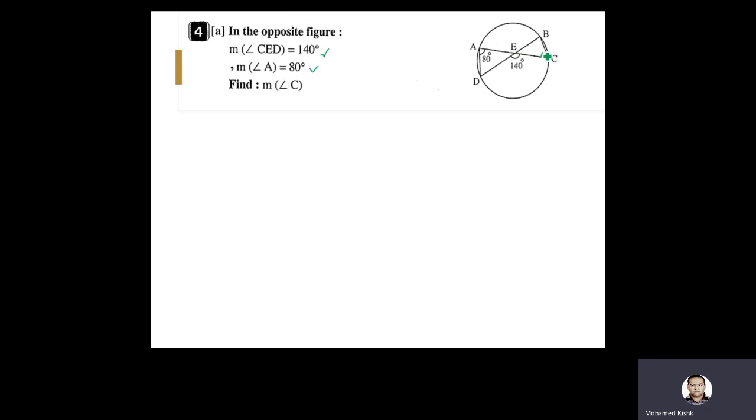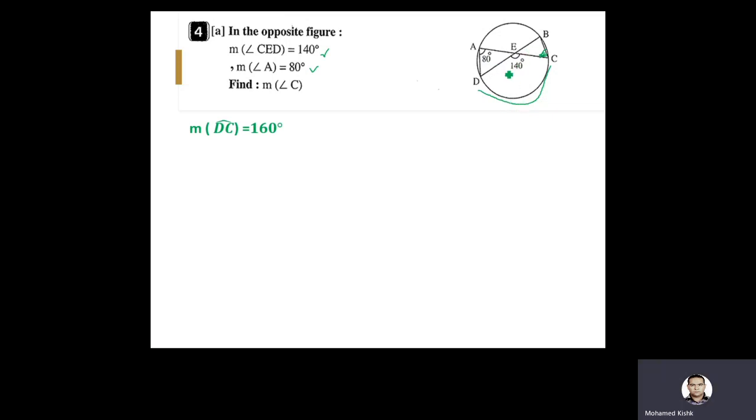So we want to find the measure of this angle, which is angle C. Now, this angle A is 80 degrees. That means the measure of arc DC will be double of this measure because angle A is an inscribed angle. So the measure of arc DC is 160 degrees.